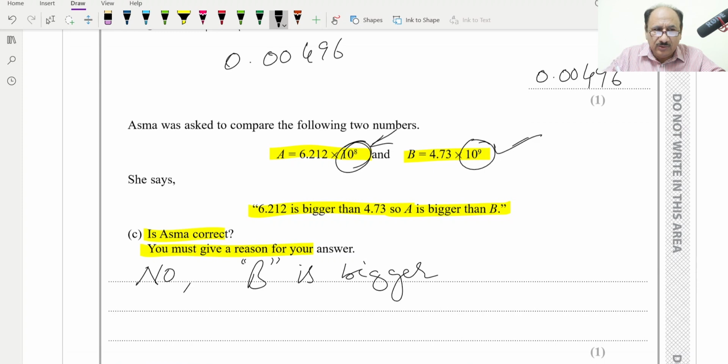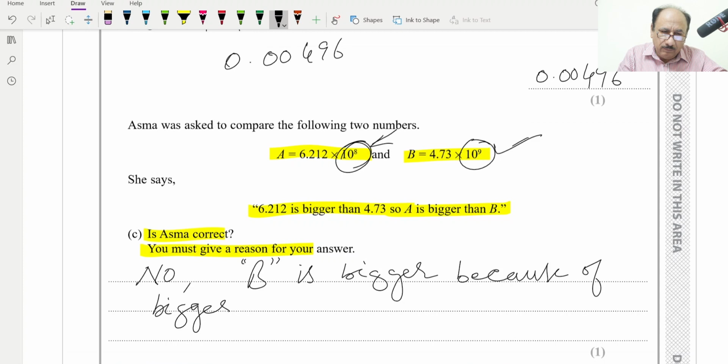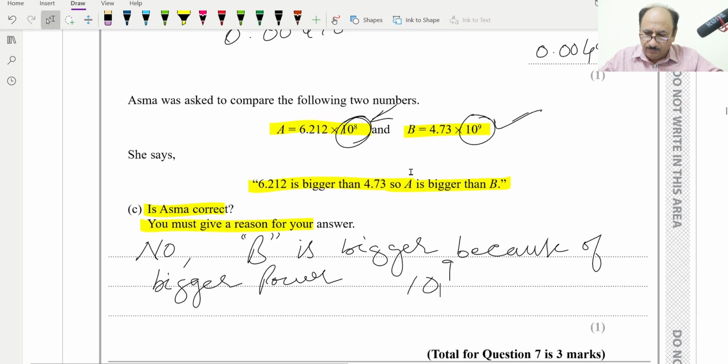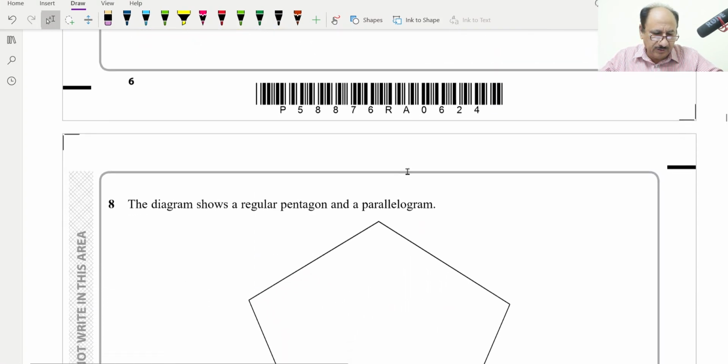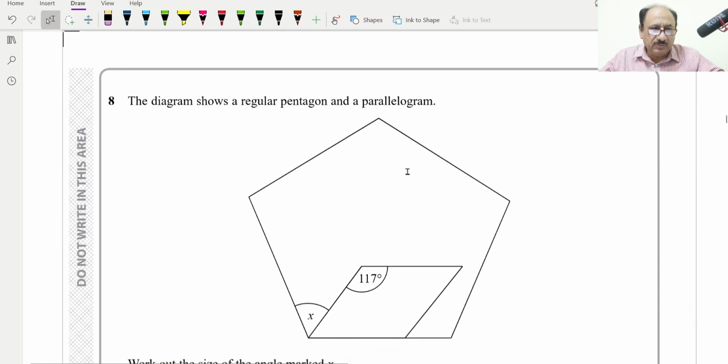Why is it bigger? We have to give a reason: because of the bigger power. We can also write 10 raised to the power 9, and this will be the proper answer for this part.